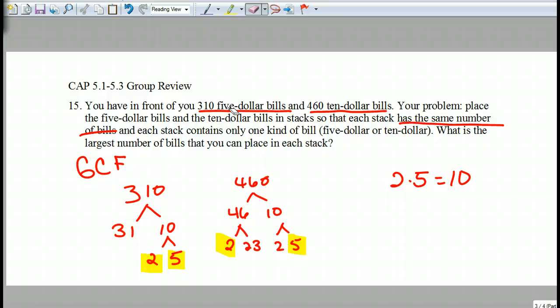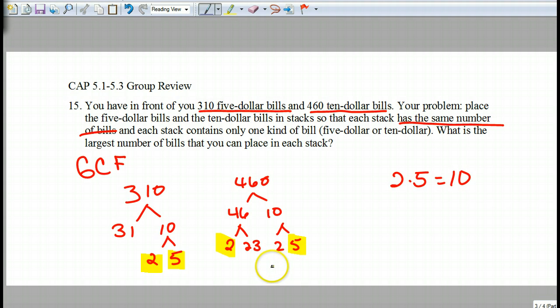So if you're trying to find the equal amount of bills, you need to find the greatest common factor. Okay, so here we do the GCF. We're going to find our factor tree. And basically I came down to 31, 2, and 5 for 310. For 460 I came down to 2, 23, 2, and 5.